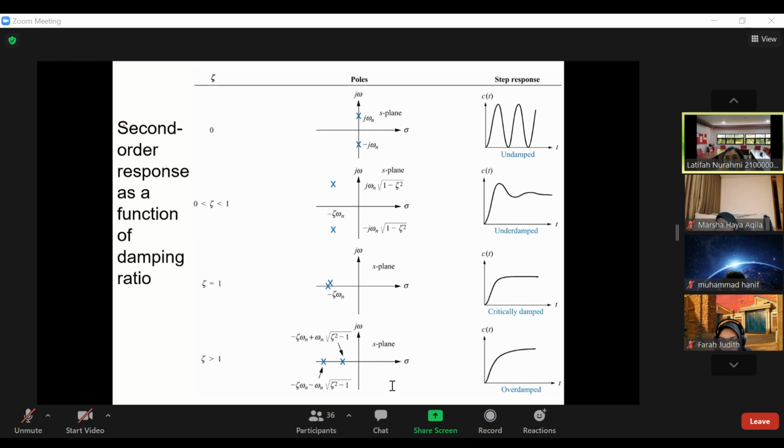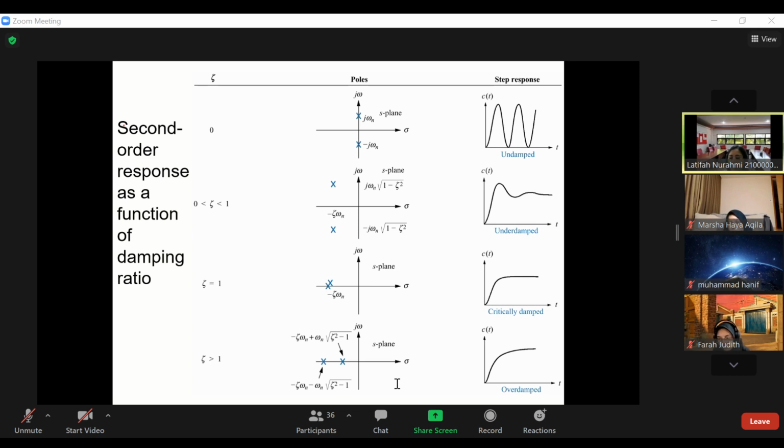And if we delete this damping ratio, your system will be a bit slow. For example, I always use AC as an example. If I turn on my AC to be 20 degrees Celsius, if my AC doesn't have a damping ratio, it will reach 20 degrees in a couple minutes, quite long.